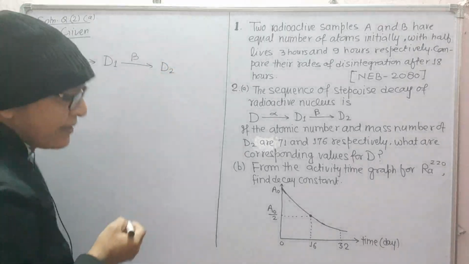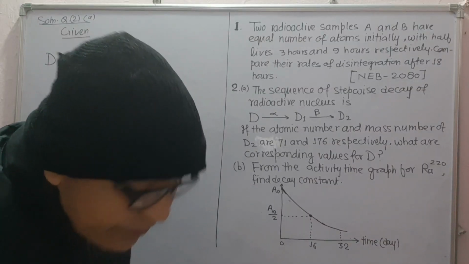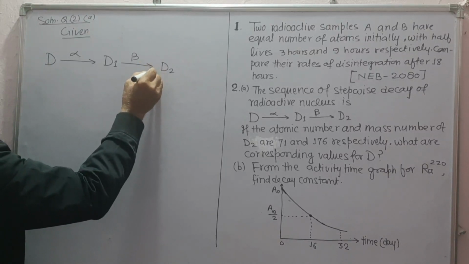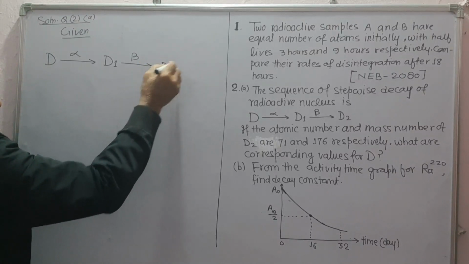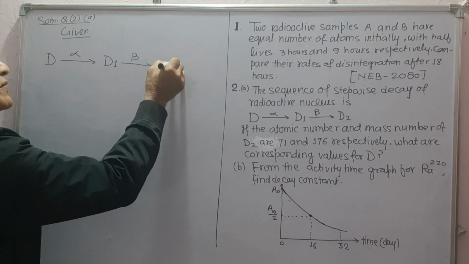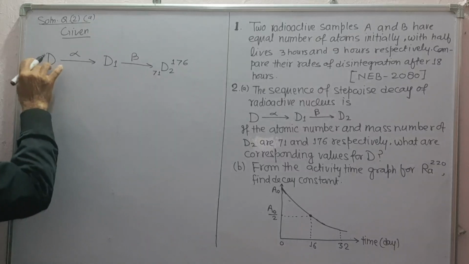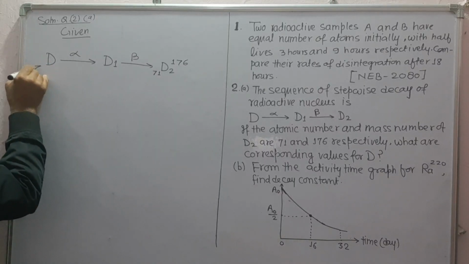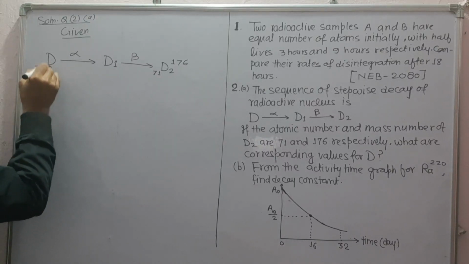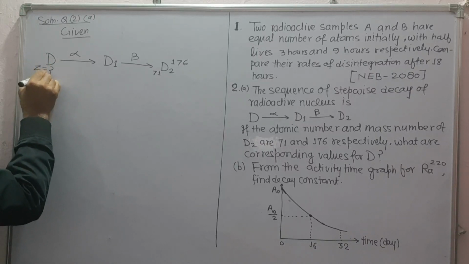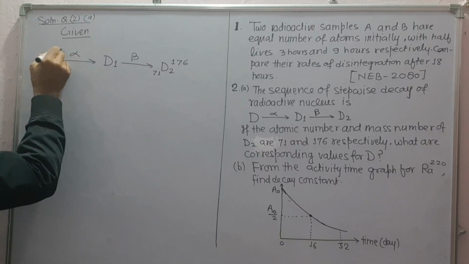D2 has atomic number 71 and mass number 176. We have to find the atomic number and mass number of D.